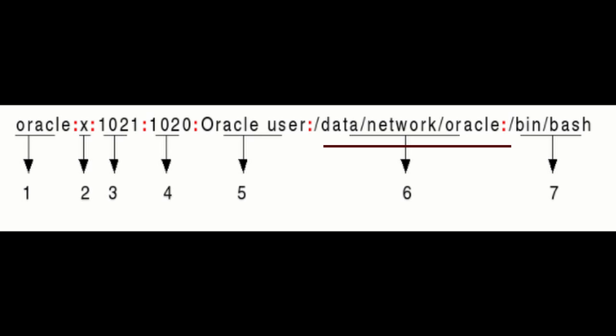If this directory does not exist, then the user's directory is the root directory. And the last, the seventh field, is the command or shell, the absolute path of the command or shell, which is typically the shell.